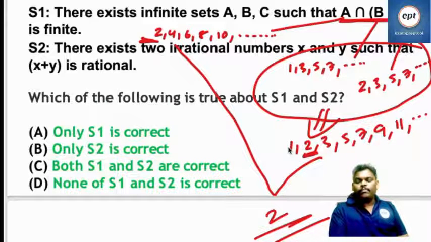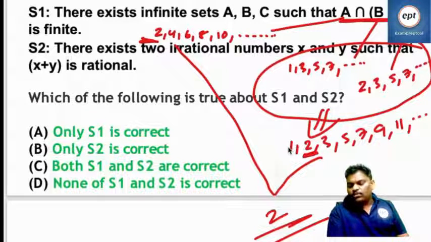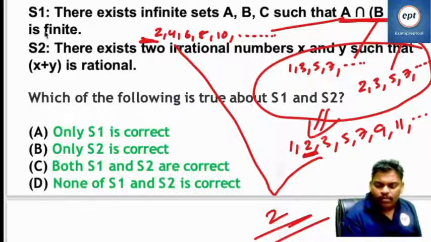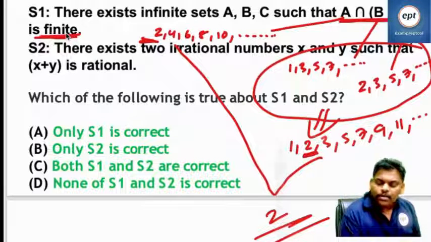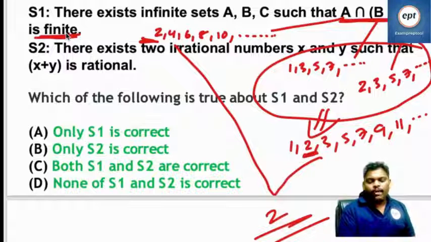So even number intersection odd number, actually you will get the empty set. But 2 is common in the prime number and even number. But anyhow, he is saying finite. If that comes also, no problem.